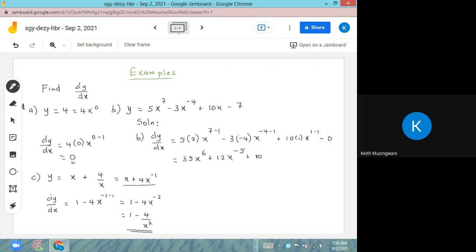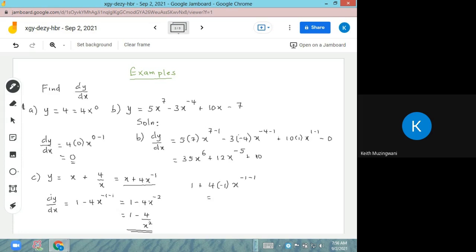Yes. Then when differentiating, the derivative of x is just 1. And then the derivative of 4x to the power negative 1, we drop the power. So we'll have 4 multiplied by negative 1, x to the power negative 1 minus 1. And then there's a 1 here.